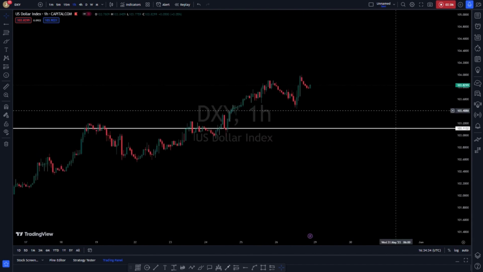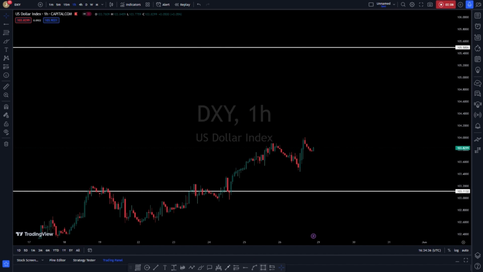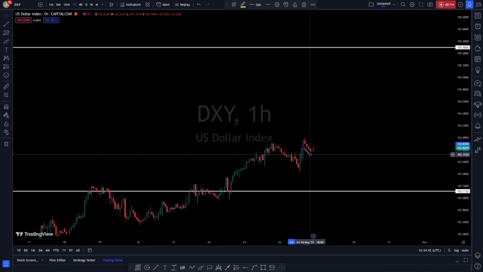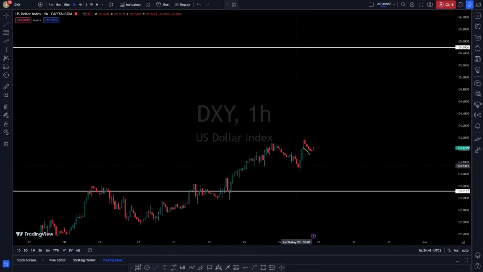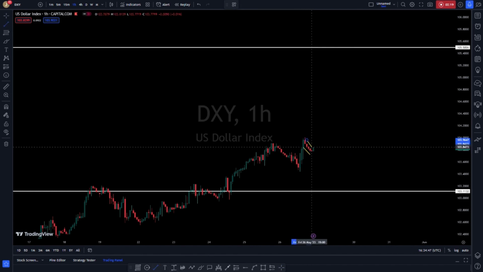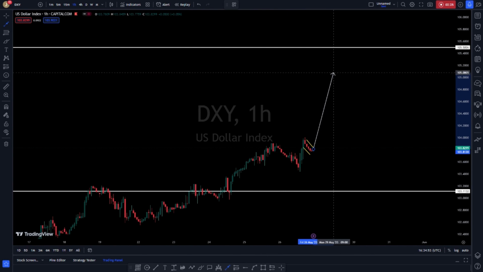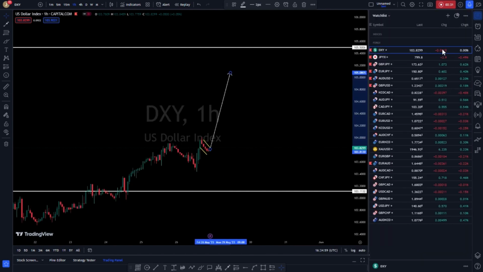We just look for the direction of where the dollar is going to go. In my own opinion, it's still heading to the upside, and that will make the XXX USD pairs, like GBPUSD, AUDUSD, head to the downside. So let's dive into the next pair on my list.